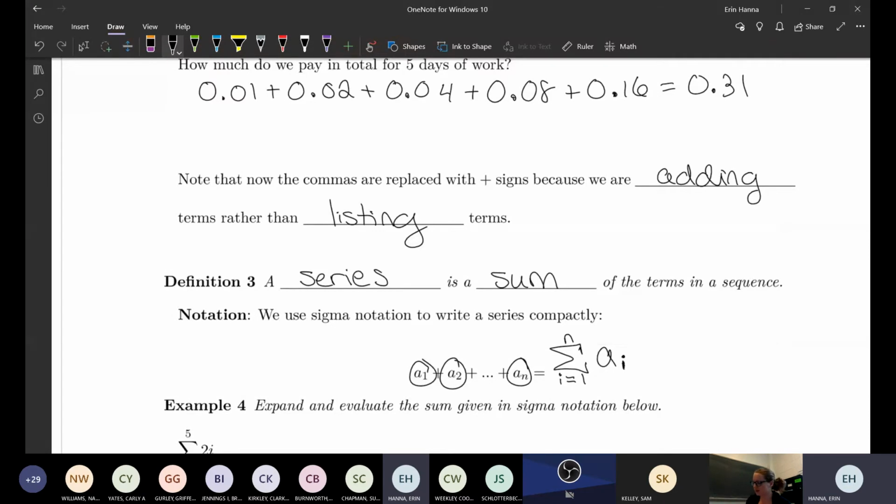So that sum of a sub 1 through a sub n can be written as sigma from i equals 1 to n of a sub i. We take the generic format of all of the terms. In a series, they should have some kind of pattern that they follow, so we should be able to find that generic format to write them in sigma notation.